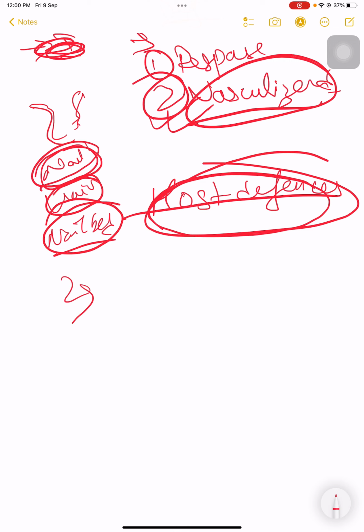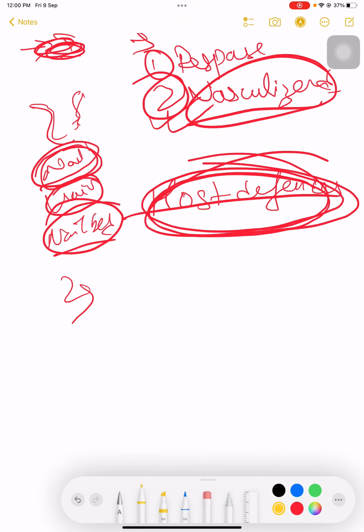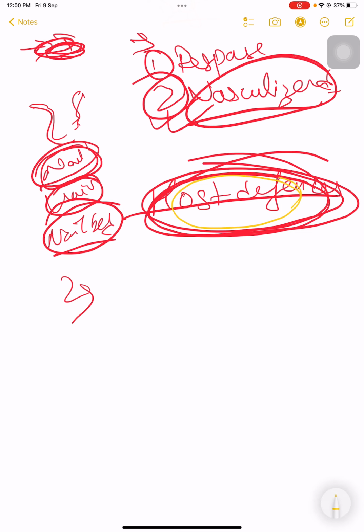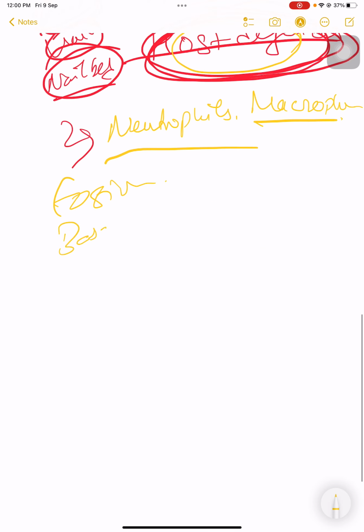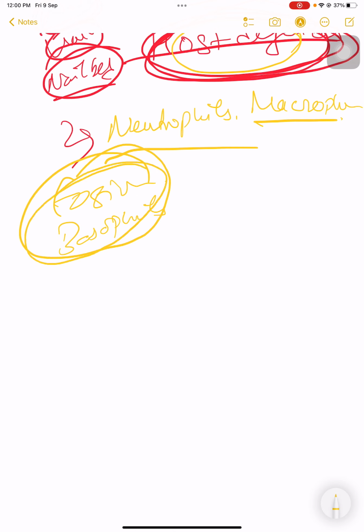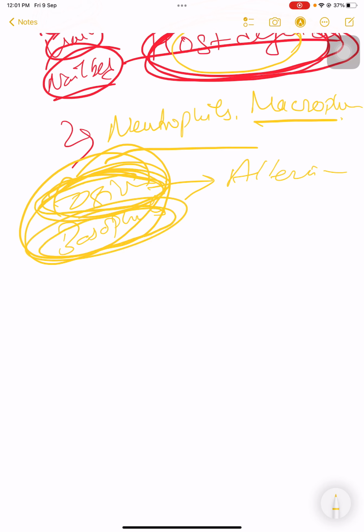So what do you mean by this host defenses? I would like to make clear that host defenses are basically components like neutrophils and macrophages. I will not go into eosinophils and basophils, because that comes under a different topic. Eosinophils increase in the case of allergic reaction, and with no doubt these are also components of the host defenses, but the major ones are the neutrophils and the macrophages.